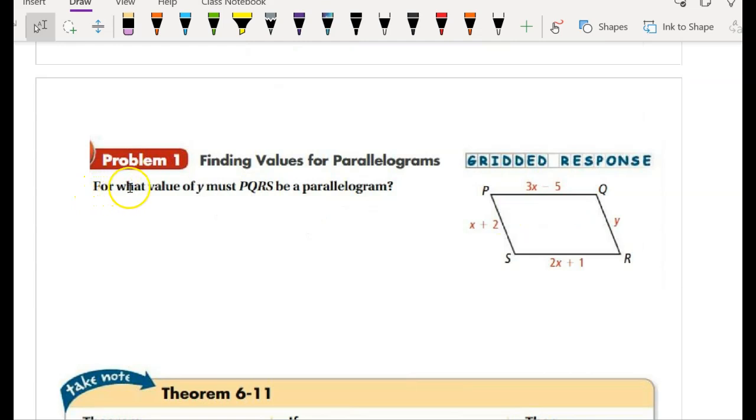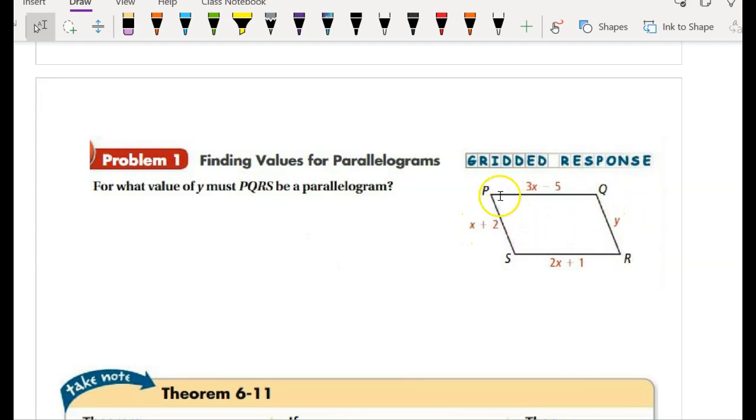Now let's take a look at this problem. For what value of y must PQRS be a parallelogram? I'm looking for y. If this is a parallelogram, I know that PS and QR must be congruent, and I know that PQ and SR have to be congruent.